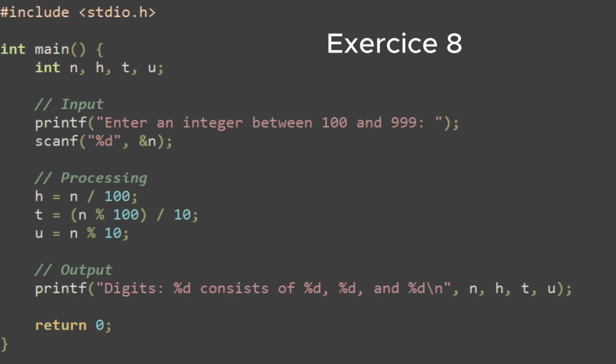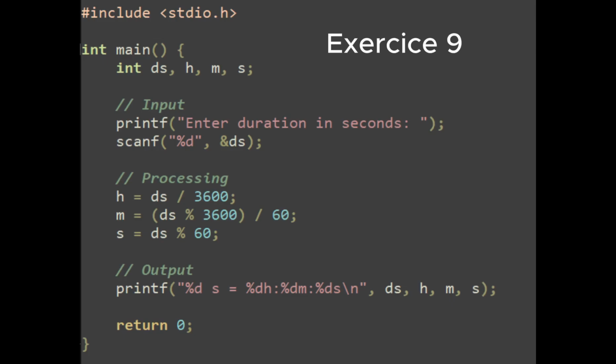Units, U, equals n%10. Get the remainder of division by 10. Outputs: display H, T, U. Explanation: this relies on how C handles integer math. 258 divided by 100 equals 2, hundreds. 258%100 equals 58. Then 58 divided by 10 equals 5, tens. 258%10 equals 8, units.